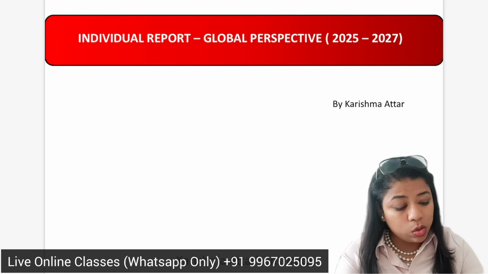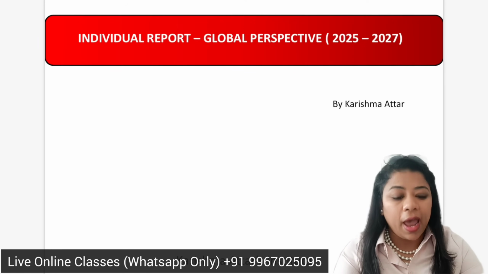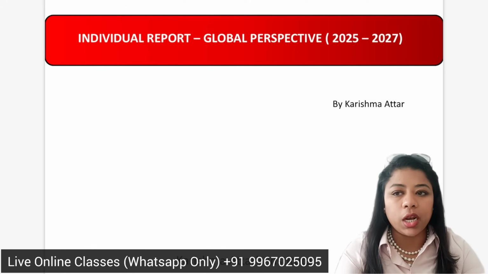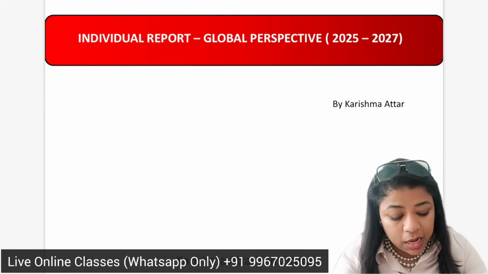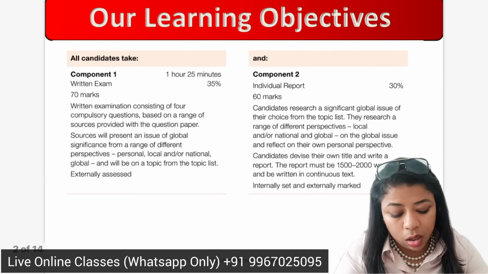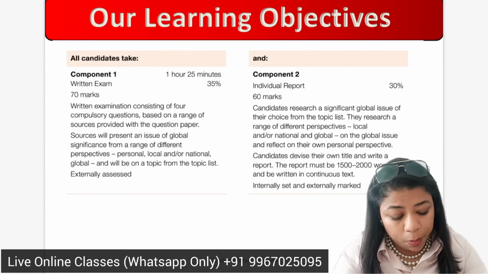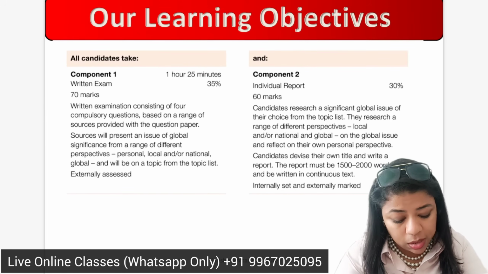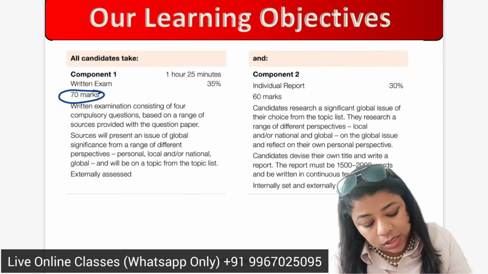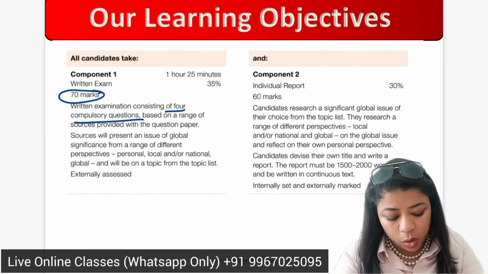Today we are going to talk about the individual report in the Global Perspectives subject, and this is specifically for the curriculum starting from 2025 onwards. So let's understand the different components in the subject. The first component here is the written exam, which is for 70 marks, and it consists of 4 compulsory questions based on the range of sources provided with the question paper.